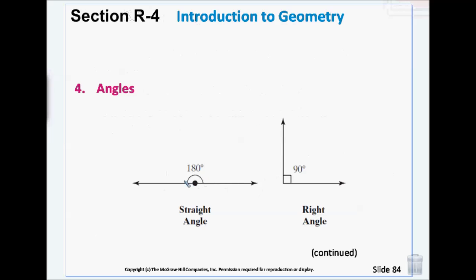A straight angle is 180 degrees. Yes, all the time. And it's called a straight angle because it makes a straight line. So a straight line is also 180 degrees. And a right angle is 90 degrees, and that is indicated by the little box.